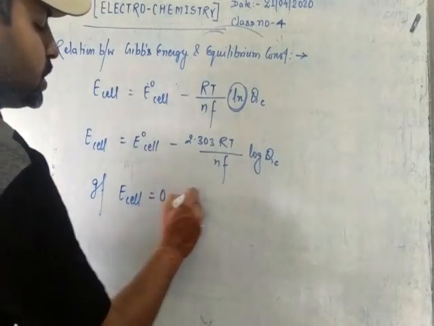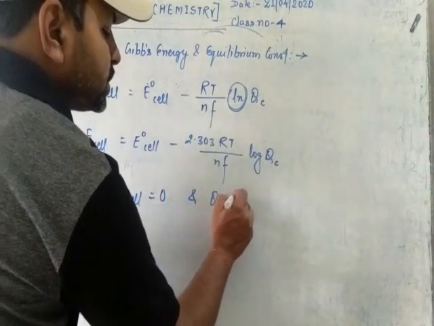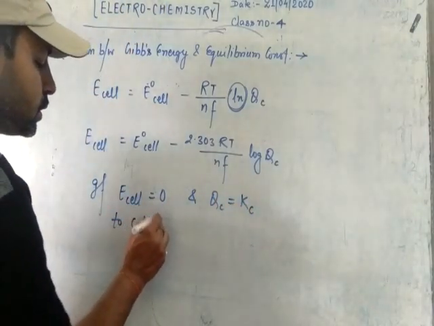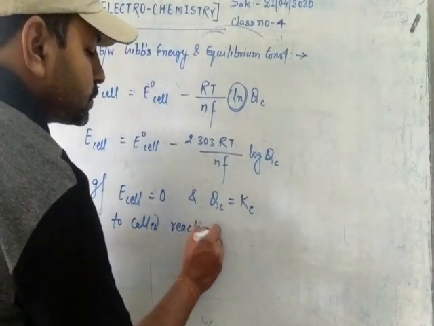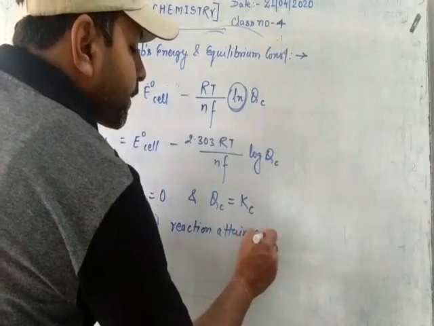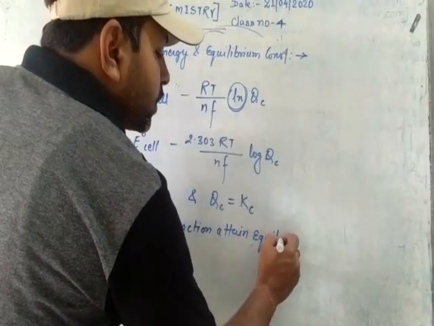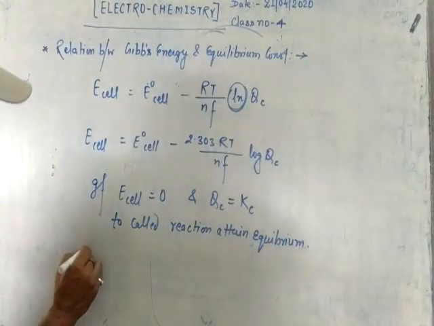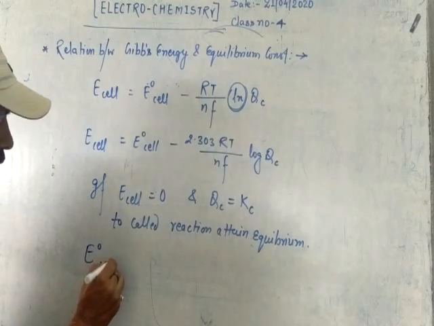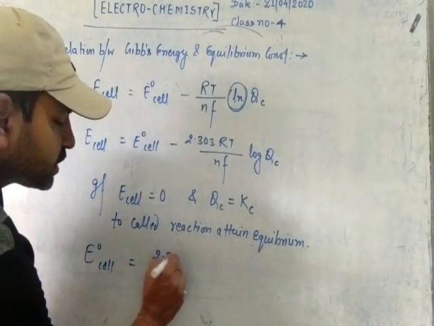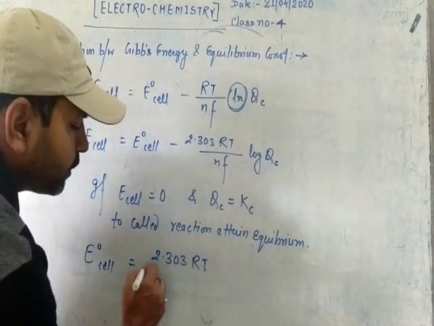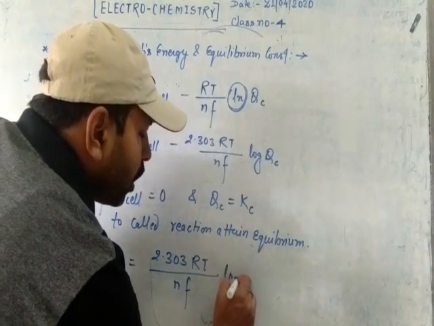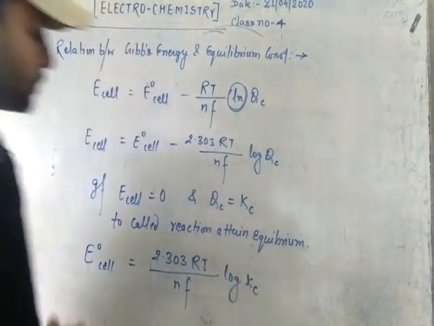If E cell is 0 and Qc becomes equal to Kc, the reaction is said to attain equilibrium. Now this equation is also written as E0 cell equals 2.303 RT by nF log Kc.